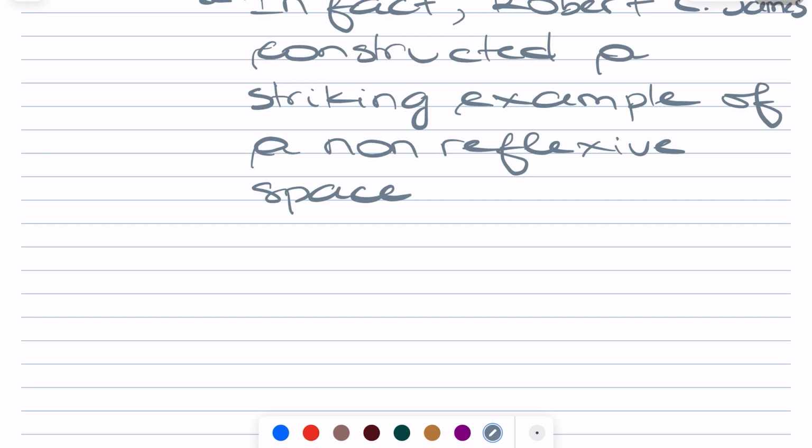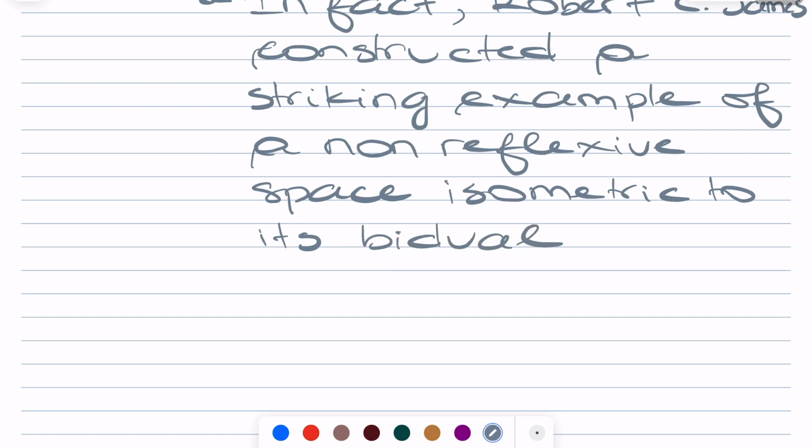Striking example of a non-reflexive space isometric to its bidual. So I put the link, for those who are interested, to the research paper.